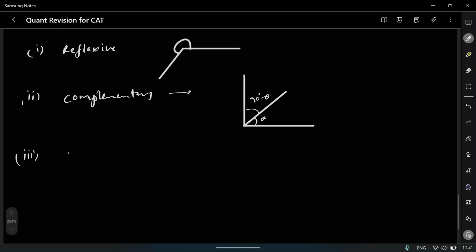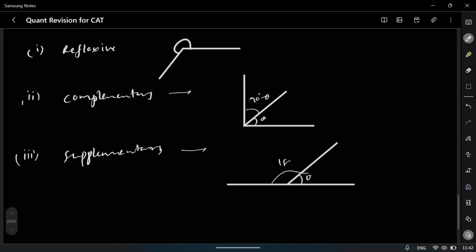Third thing is supplementary angles. Here the sum of the angles is 180 degrees.